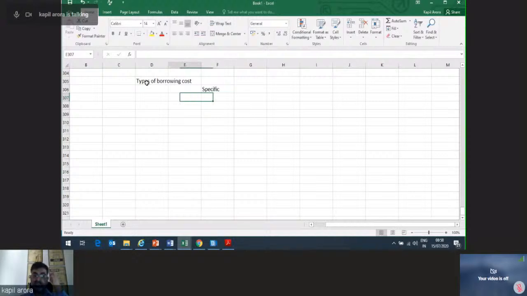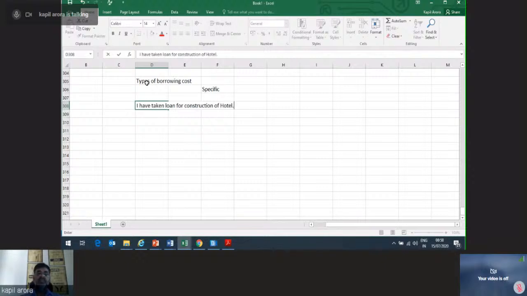Specific means I have taken a loan for construction of a hotel, right? If I have taken a loan for the construction of the hotel, this will be treated as a specific loan and will be added to the value of the asset. How do we do that? That's something we can understand with the help of an example quickly and then move further on the illustration later.